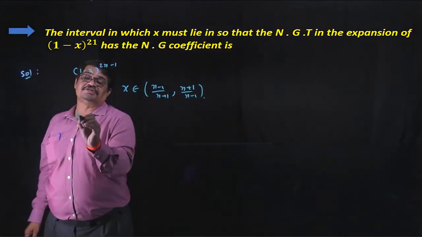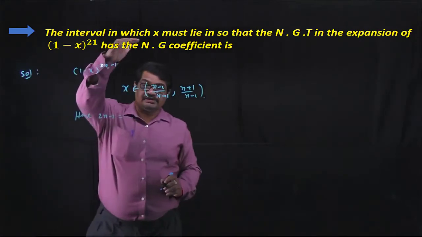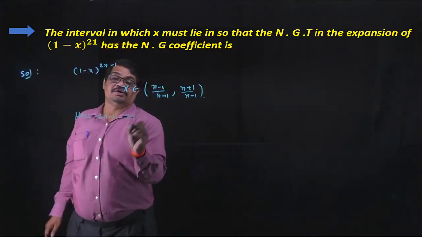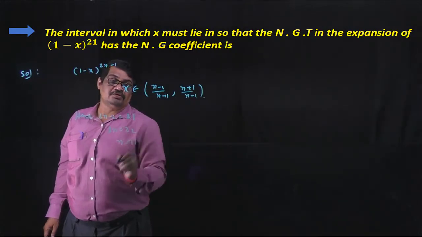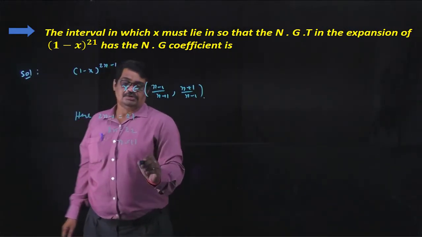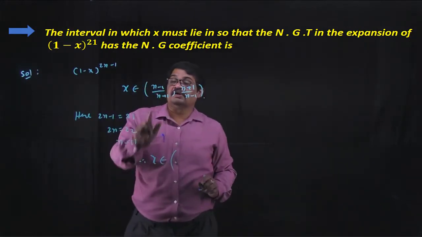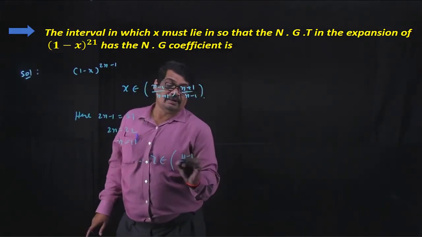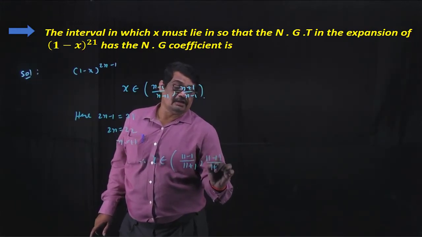Here 2n - 1 is given as 21, so 2n is equal to 22, n is equal to 11. Now we have to find the range of x. x belongs to, with n as 11, (11-1)/(11+1) and (11+1)/(11-1).